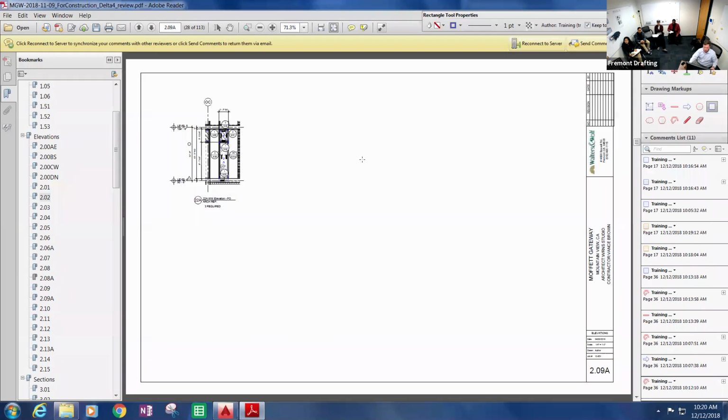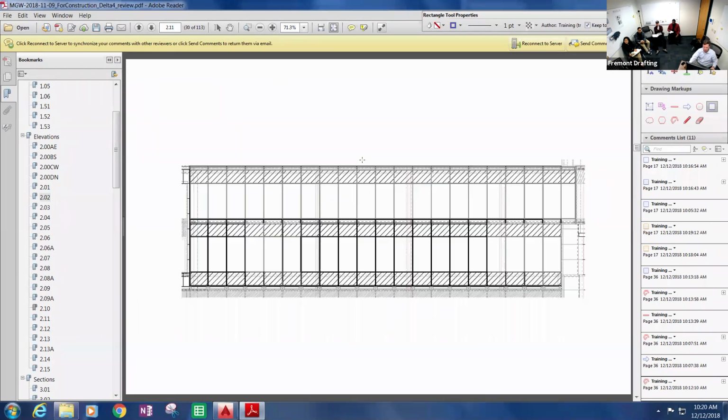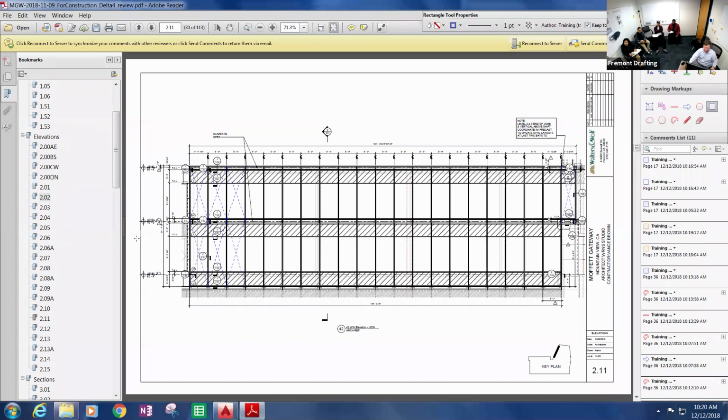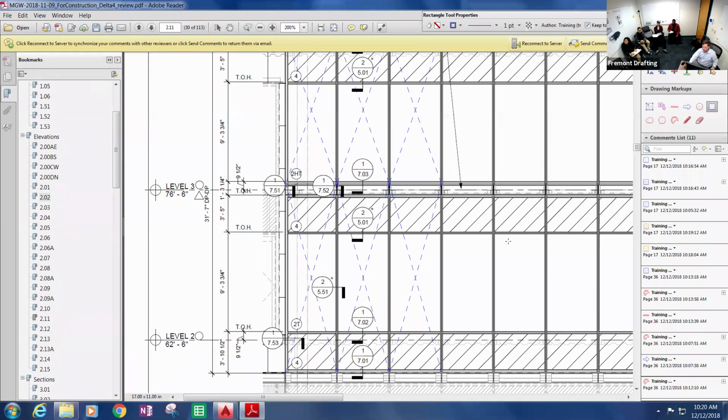Sure, there's a curtain wall on this job somewhere. There you go. So the tributary area on that mullion for wind load is right there, for deflection.